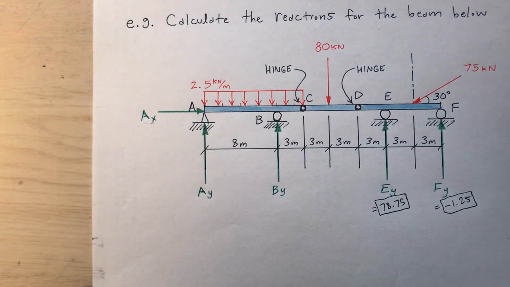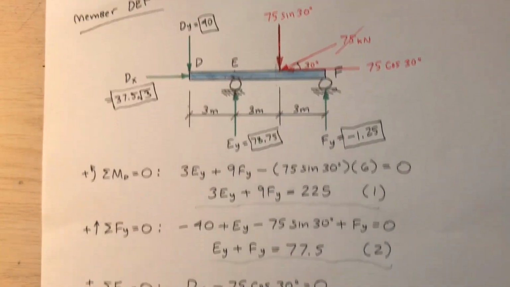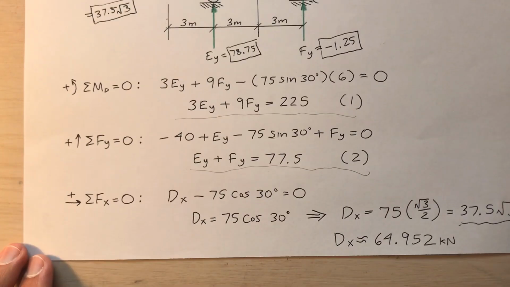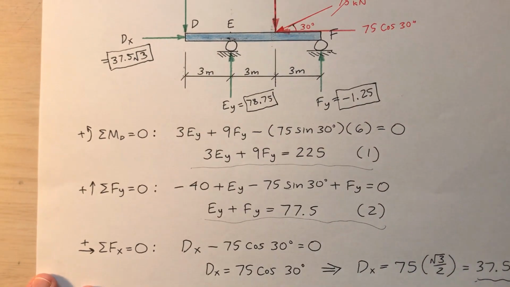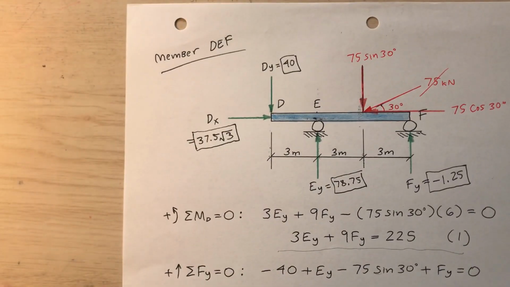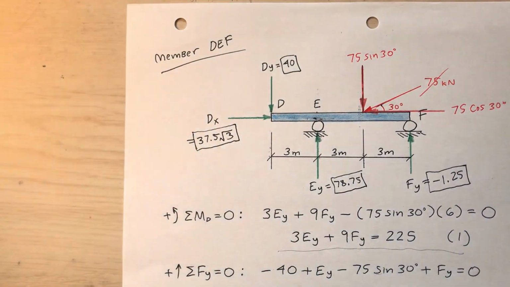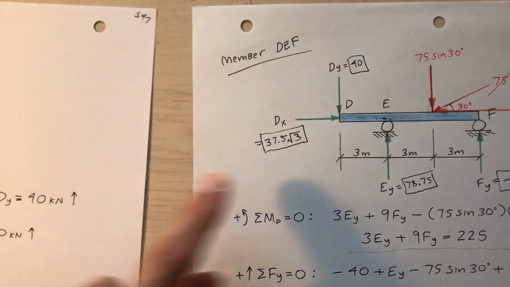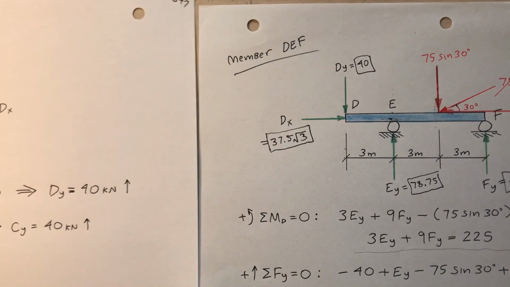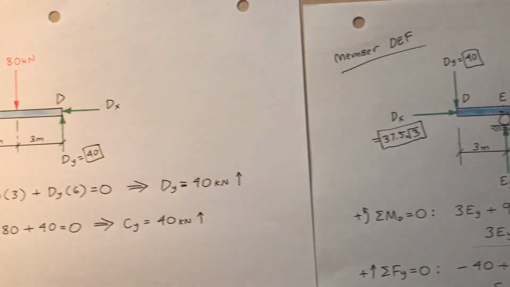So one thing that I forgot to do. Let me bring back this previous slide. This is the one that I just was working on. So I've got E sub y and F sub y. I've got D sub x. Let me go back to member CD. So if D sub x is 37.5 square root of 3, let's slide this over.